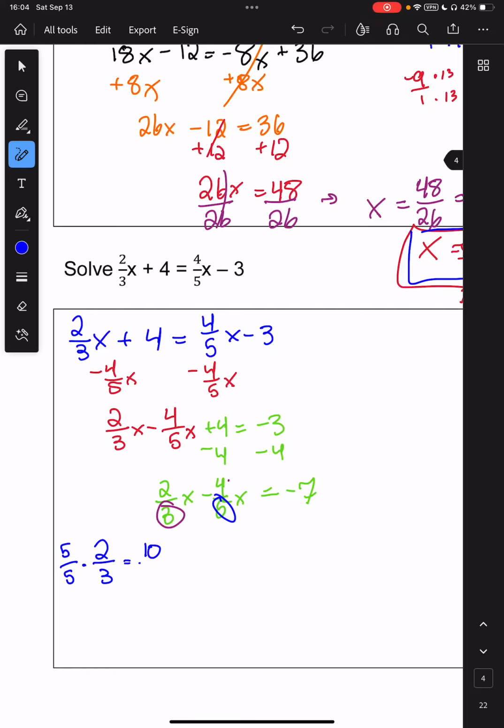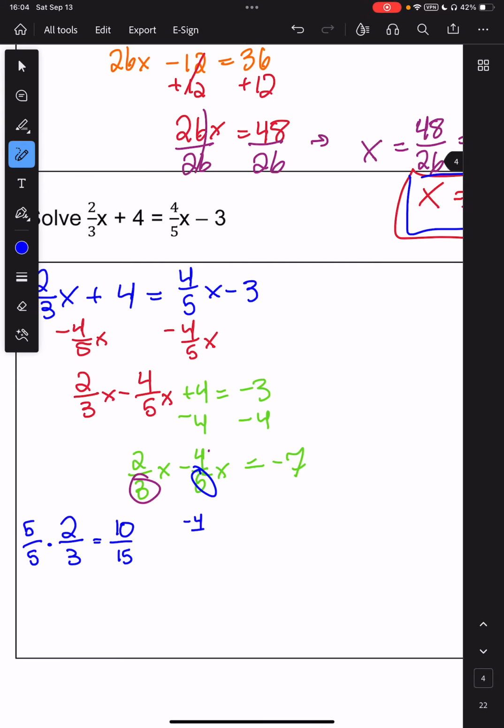So then we get 10 over 15. And then we're going to multiply our negative 4/5 by our other denominator, 3. So 3 over 3 to get our other fraction, which is negative 12 over 15. And so now what this looks like is our 2/3 x, we said, becomes 10 over 15x.